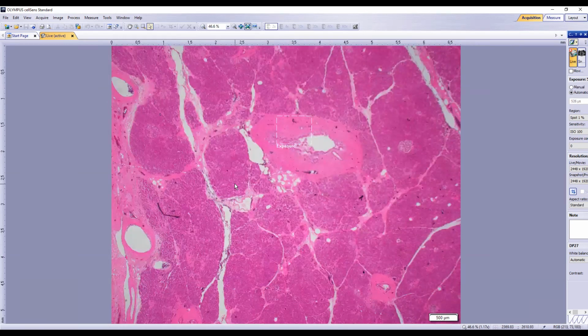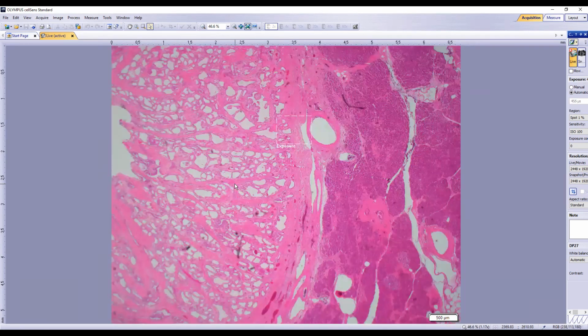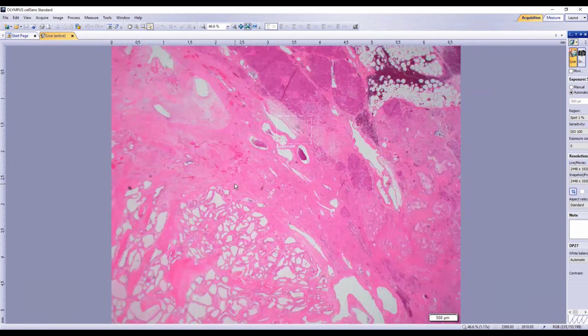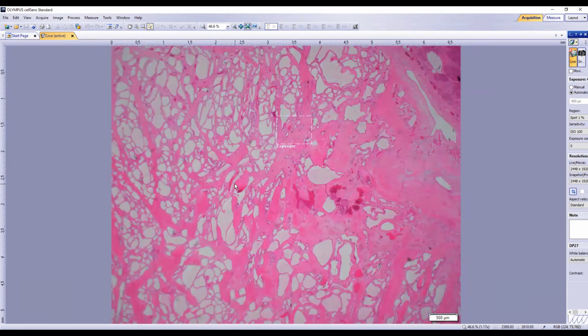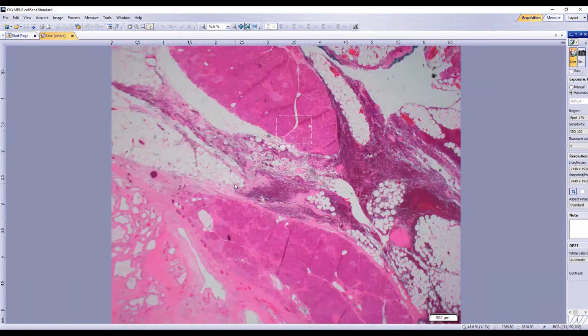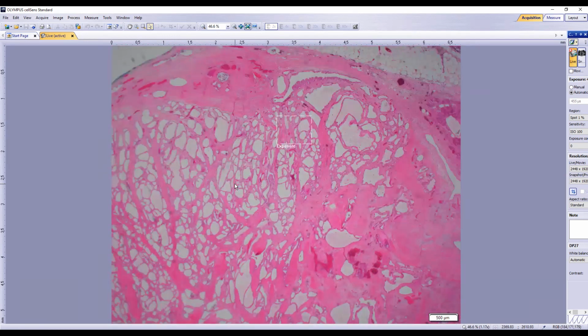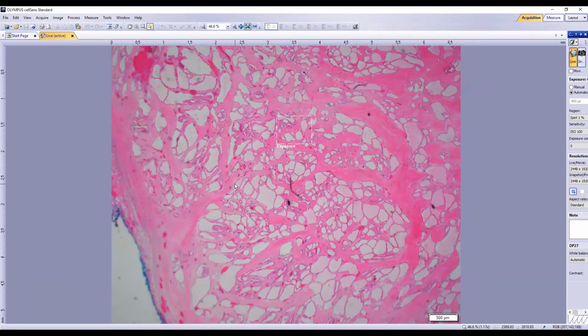And then here is the lesion. As you can see, it's somewhat circumscribed. The periphery is the pancreatic tissue, and then this lesion, very cystic.